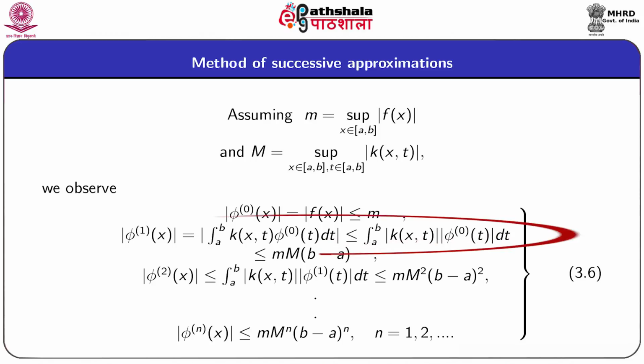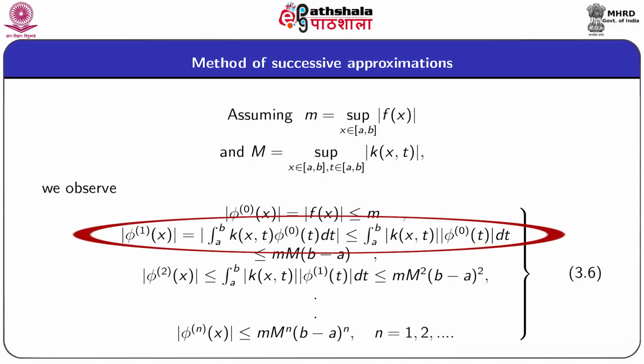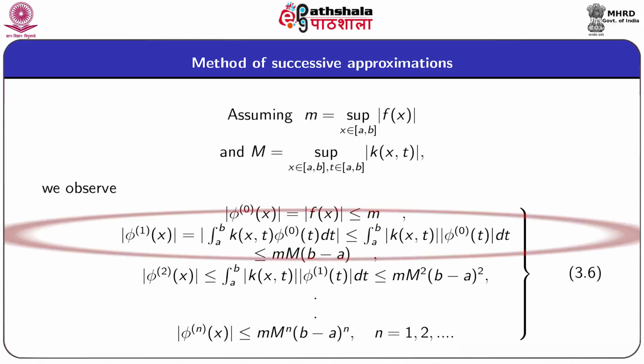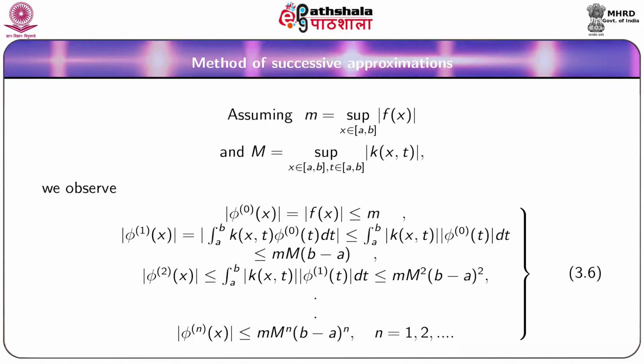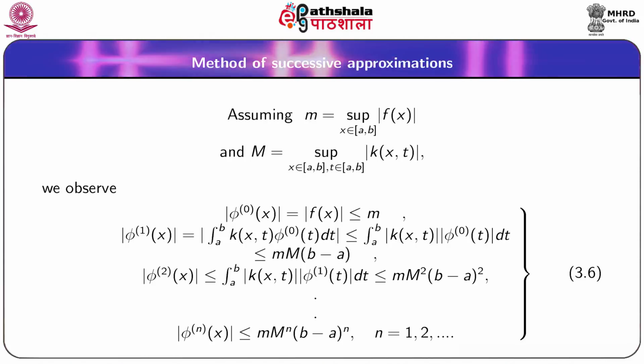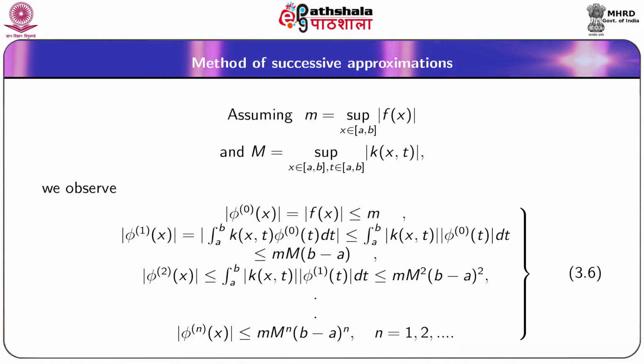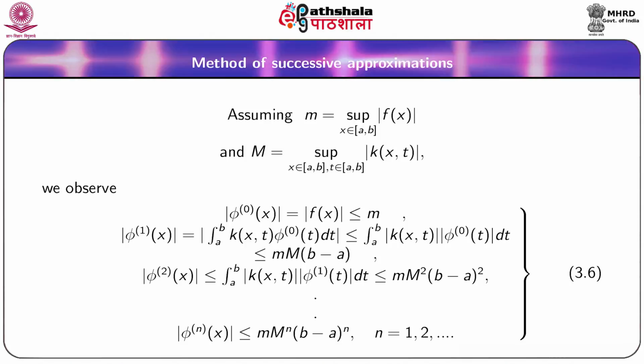Similarly, for φ₁(x), if we take the absolute value, then that will give you the modulus of the integral from a to b of k(x,t) φ₀(t) dt, which is less than or equal to the integral from a to b of |k(x,t)| |φ₀(t)| dt.